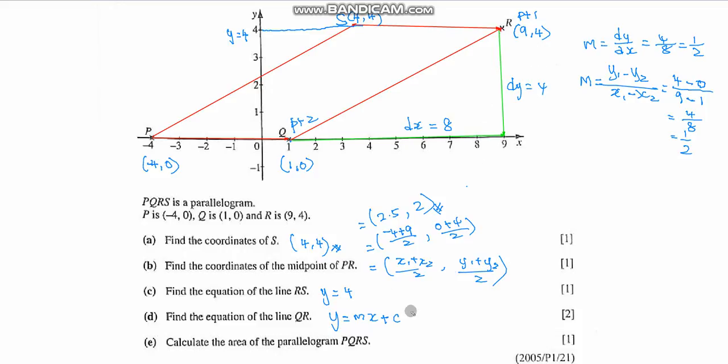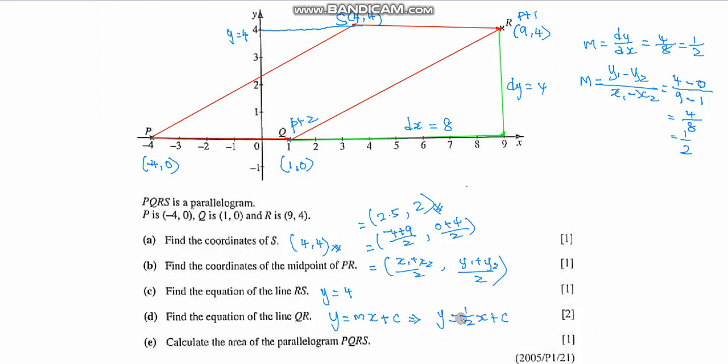Okay, so you have an equation now, y equal to half x plus c. Now you can pick any one point. Let's pick Q because you have a 0 here, so it makes it easier.